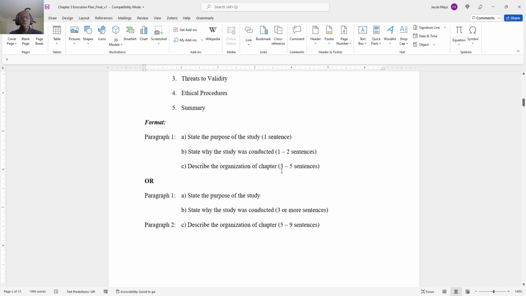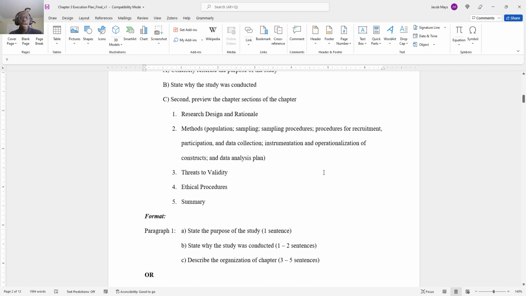Then, with the one paragraph format, you're going to describe the organization of the chapter. So you're going to say something like, there are 5 sections in this chapter. The first section is the research design and rationale. The second is the methods section, and the methods section includes these subsections. And then the third section is threats to validity.